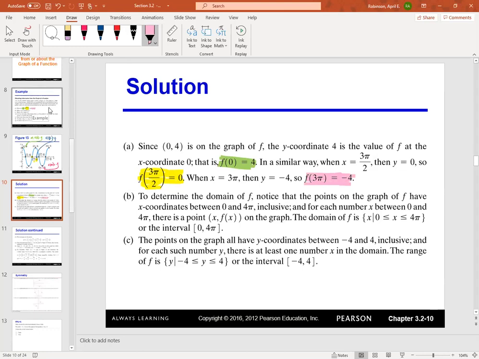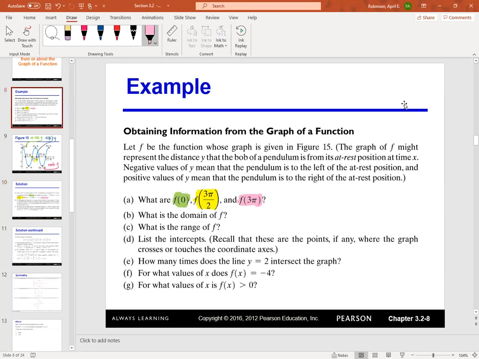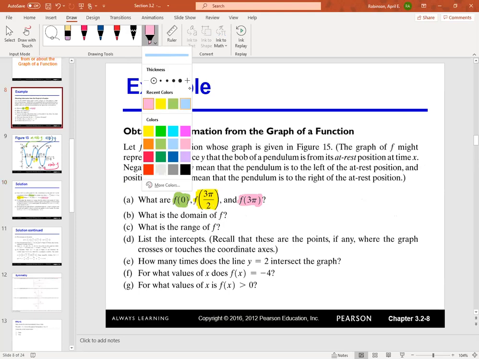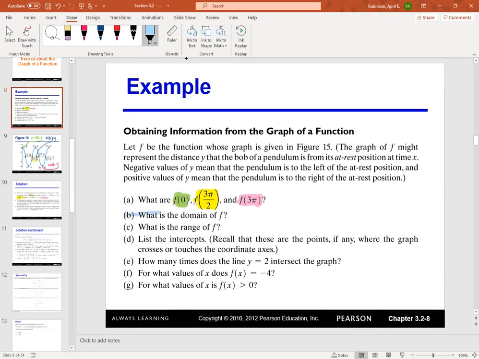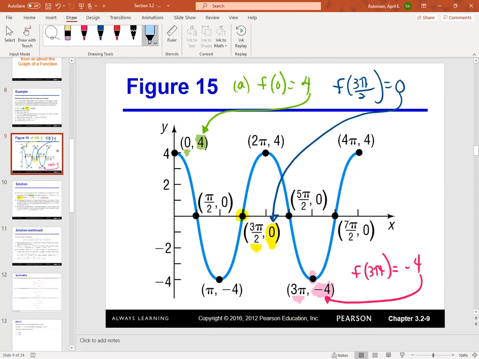All right, so going back to slide 8 again, I kind of have to jump around, unfortunately. Part B says, find the domain. What is the domain of f? Now the domain is how this thing spreads out over the x-axis.